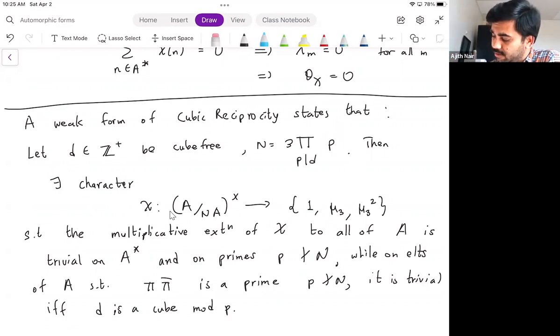Again, this is isomorphic to the multiplicative group (Z mod NZ) cross Z mod NZ. And so this is a Dirichlet character modulo N squared.